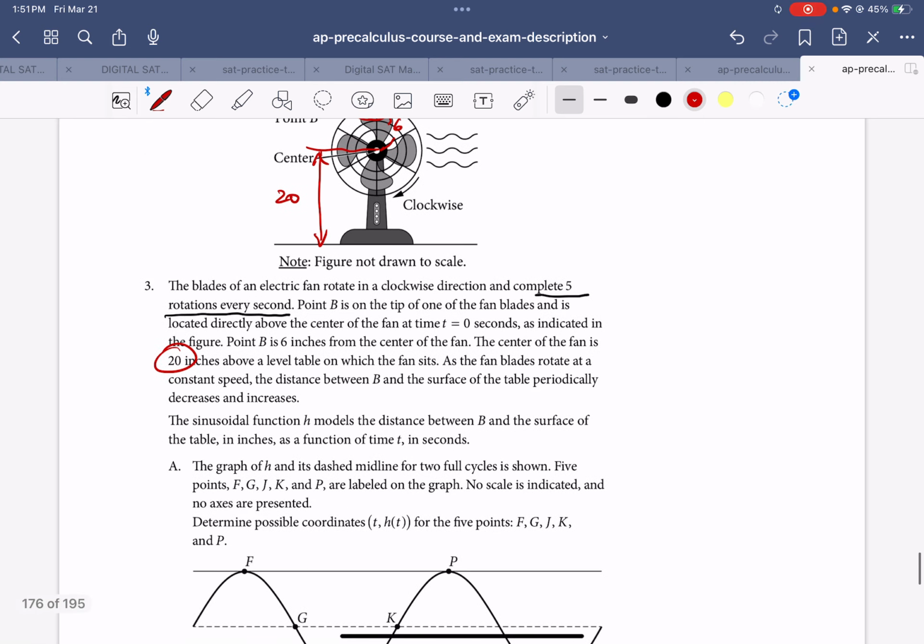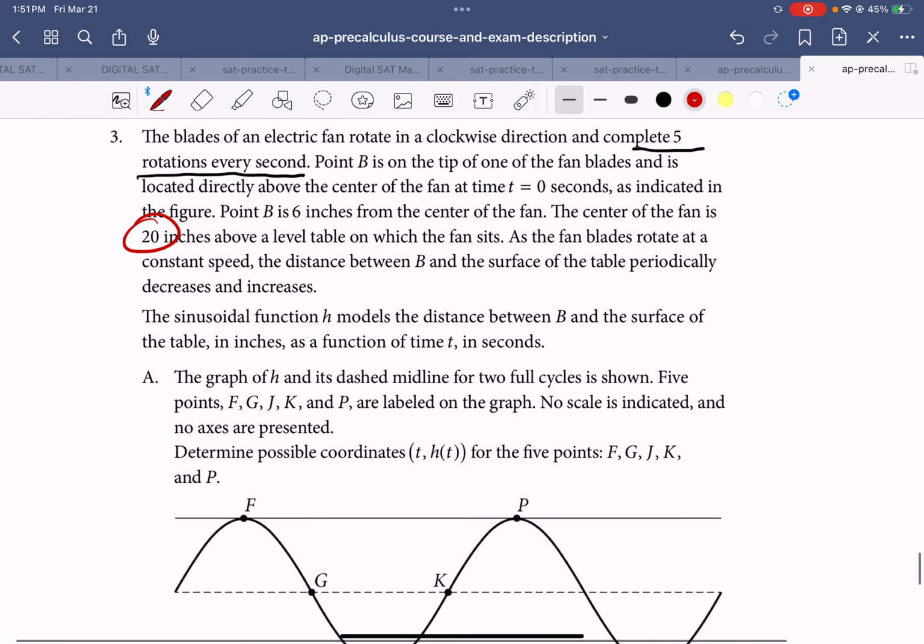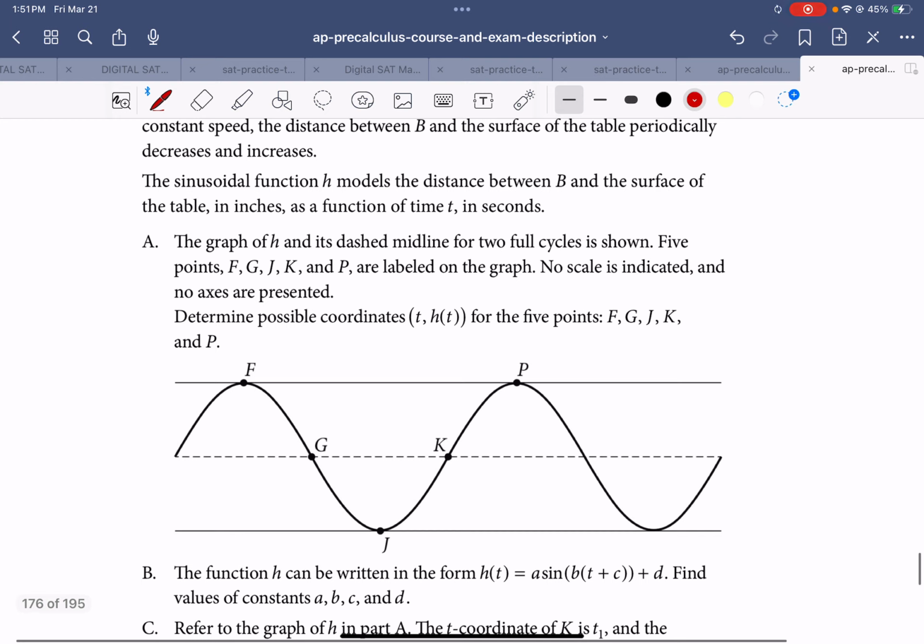All right. So part A: the graph of H has a dashed middle line, and 2 full cycles are shown. 5 points F, G, J, K, P are labeled on the graph, and no scale is indicated. Determine possible coordinates for the 5 points.